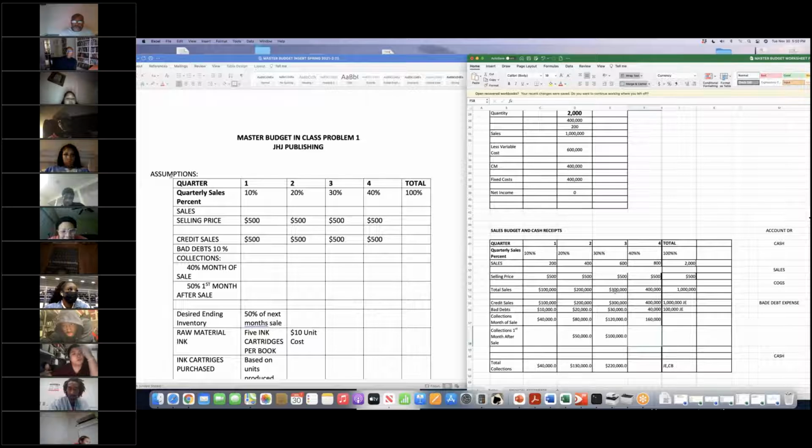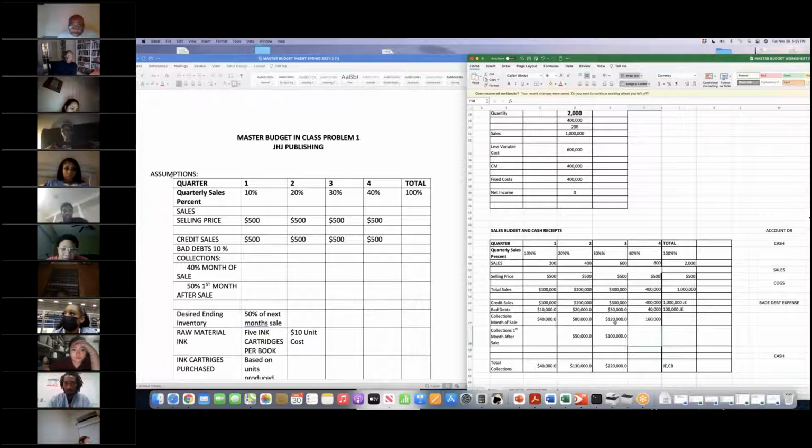You said 160, and then 150 underneath, correct, because you had 300 and you only collected 40%. So you're getting the rest later. So it should be 150.